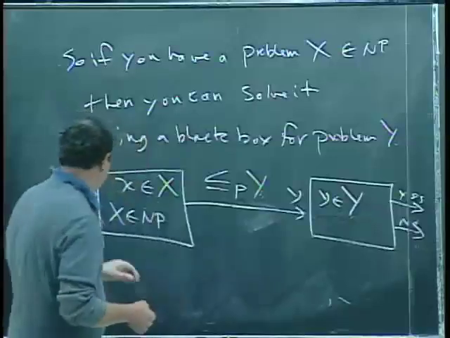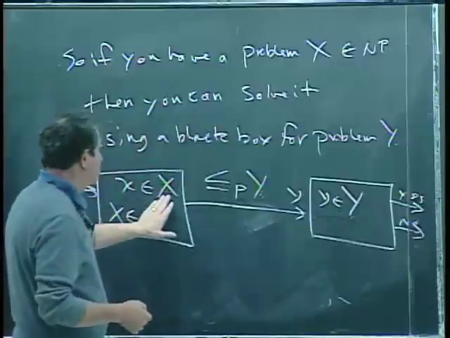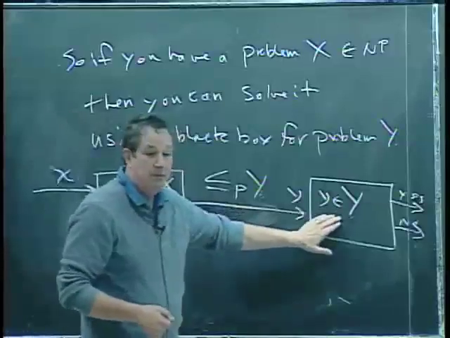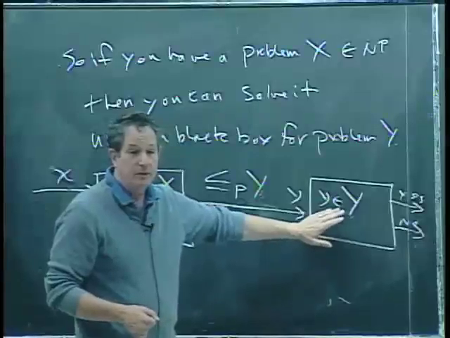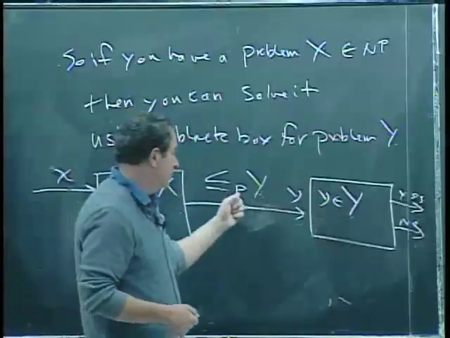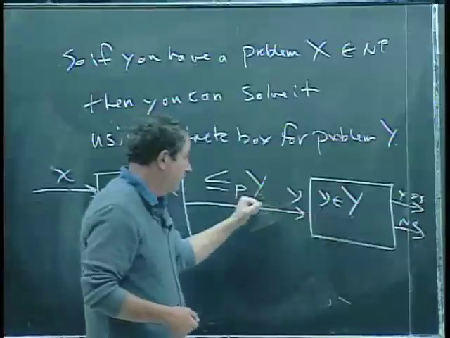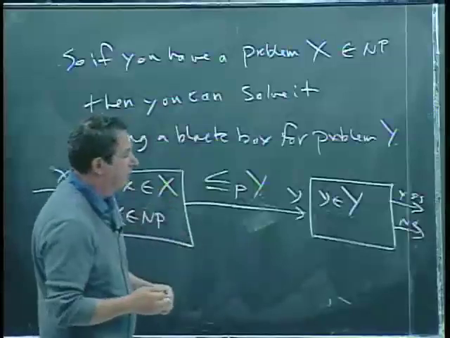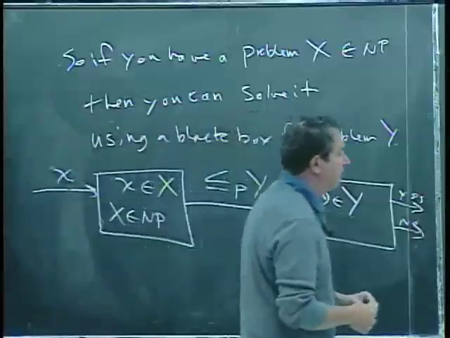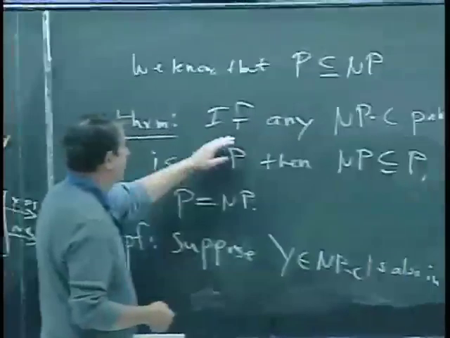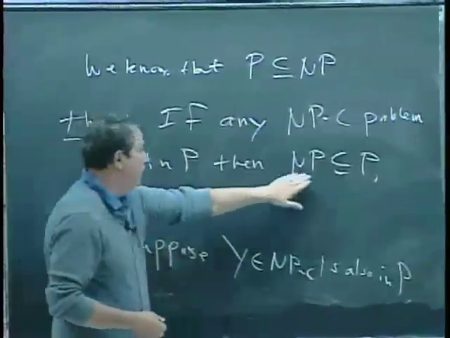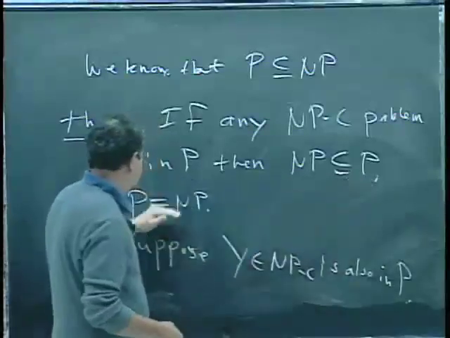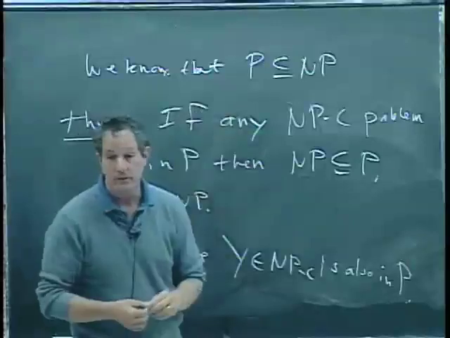So the polynomial time for solving problem x would depend on what's the polynomial for this reduction and what's the polynomial for this solver. But no matter what those 2 polynomials are, the polynomial of a polynomial, which would give you the polynomial time for x, is still a polynomial. Therefore, x would be in capital P also. So any problem in NP would be in P, which would then mean we have this equality because we already know the other side. Okay?